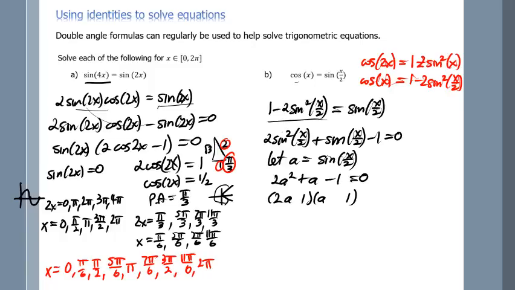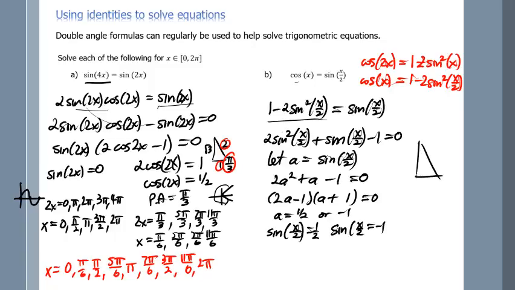We want to end up with a positive, so I'm going to say plus there and minus there equals 0. So I get a equals 1/2 or negative 1. And then we know that a is sine x on 2. So sine of x on 2 equals 1/2, and sine of x on 2 equals negative 1.